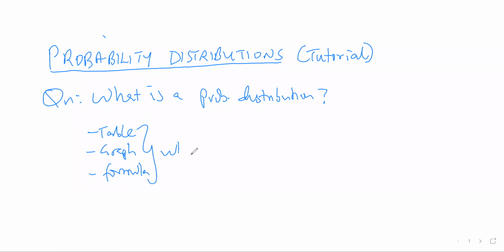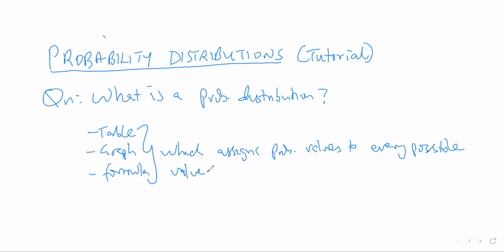Which assigns probability values to every possible value of the random variable. Usually the random variable will be denoted by letter X.